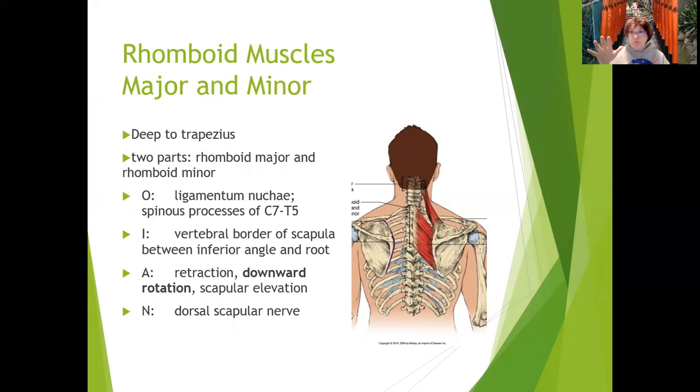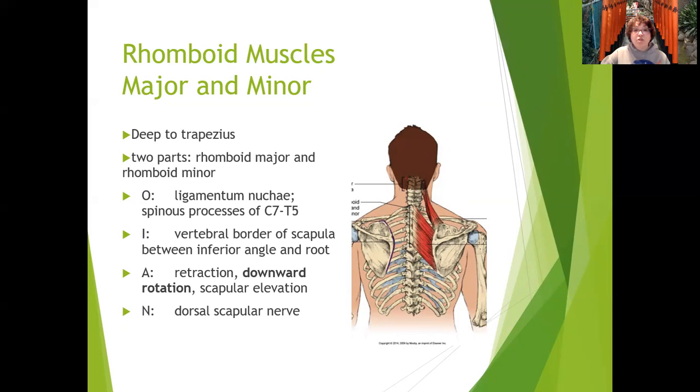Rhomboid, deep to the trapezius, rhomboid major, rhomboid minor. Its origin is the ligamentum nuchae and the spinous processes of C7 through T5. So you can see there's a little separation between the lower origin of the levator scapula and the most superior part of the rhomboids.